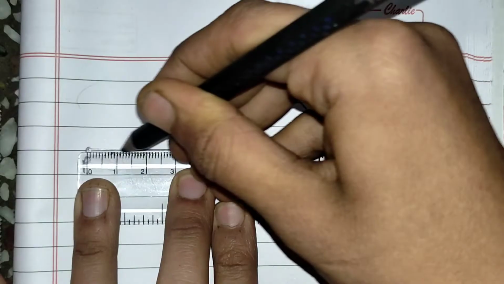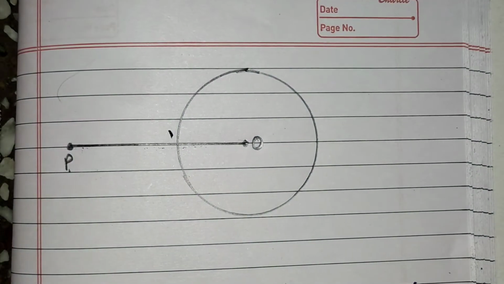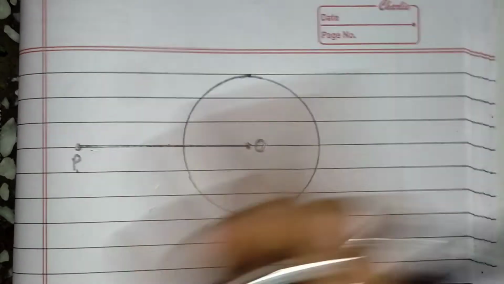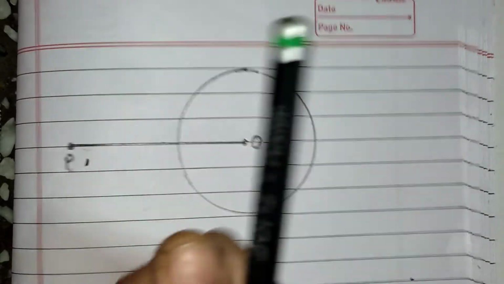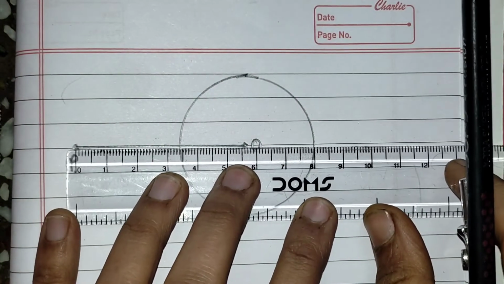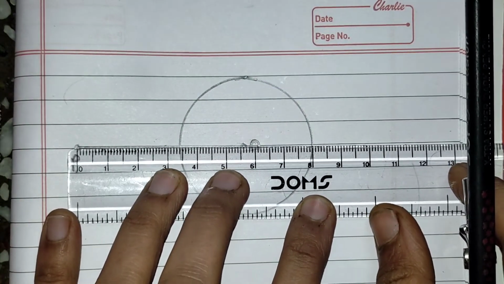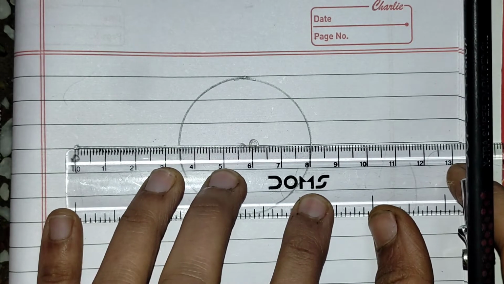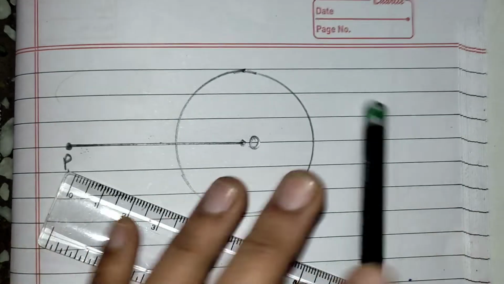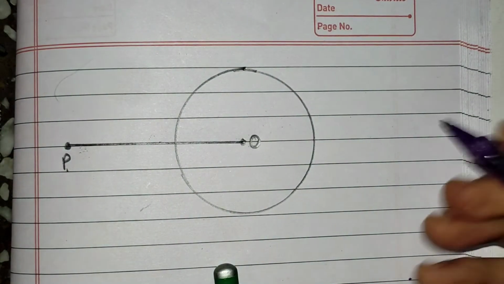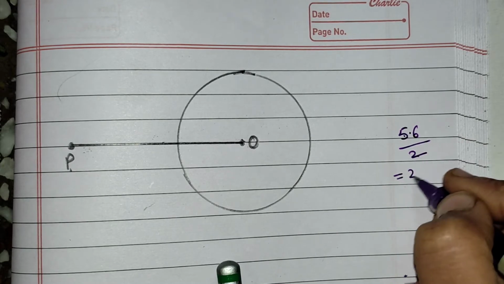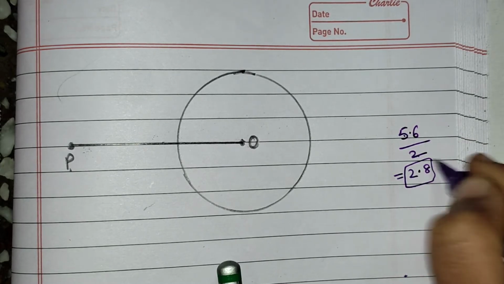Okay, so now what I have to do, I have to draw a perpendicular bisector on this line, right? So how will I draw the perpendicular bisector? I will measure this. This is my 5.6 approx. So half of 5.6 is what? Because I have to draw a bisector. So 5.6 divided by 2 will give me 2.8.